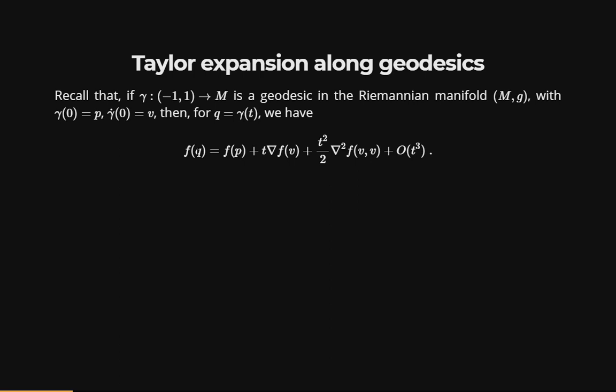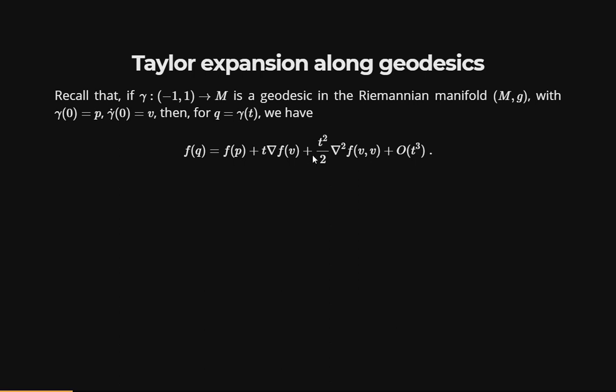So f of q is f of p plus t, where t is the arc length parameter which determines q, times the differential of f evaluated in v, plus t squared over 2 times the Hessian of f as a bilinear form evaluated in v, plus third order terms.